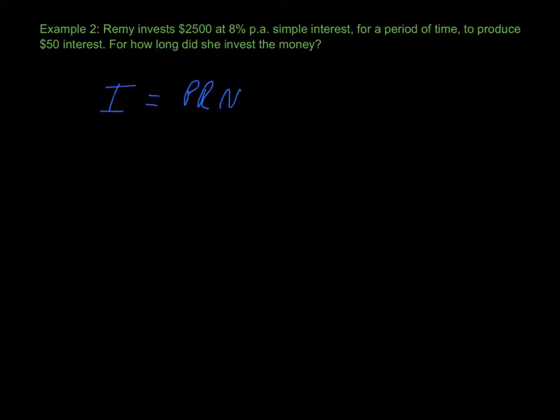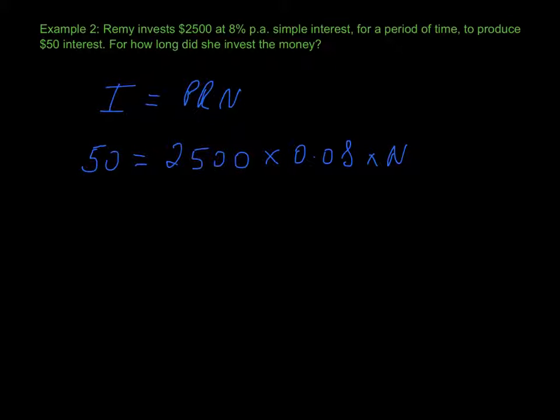So we're going to substitute all of the information we have into our problem. We know that the interest is going to be $50 and Remy is investing $2,500. The rate I'm going to put as a decimal, 0.08, and we don't know what N is, so I'm going to leave N as a pronumeral.